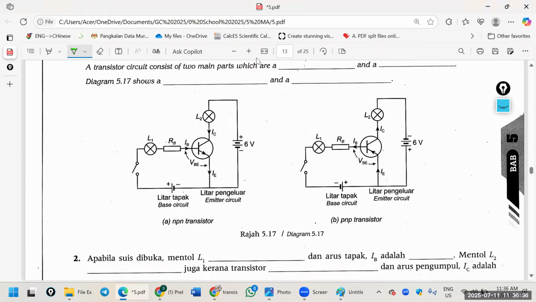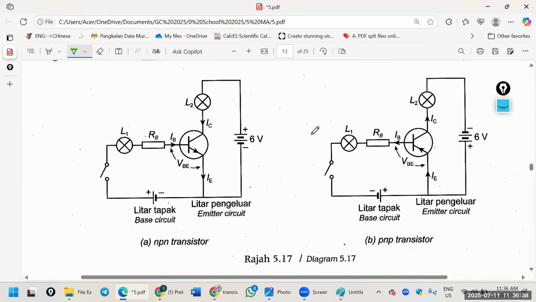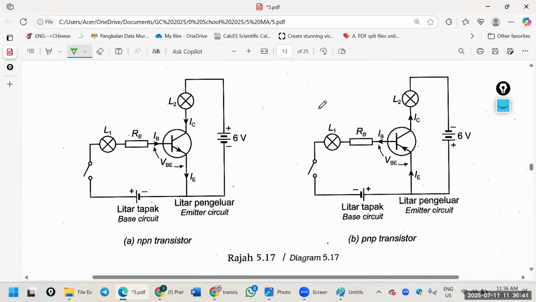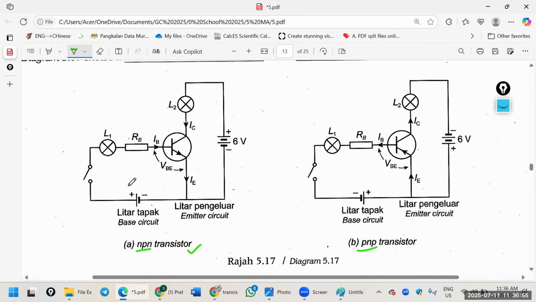Now, how is the connection? The textbook also shows the example of NPN. PNP is seldom seen in normal SPM. Okay, so you can see the circuit for this is called the base circuit, like this.